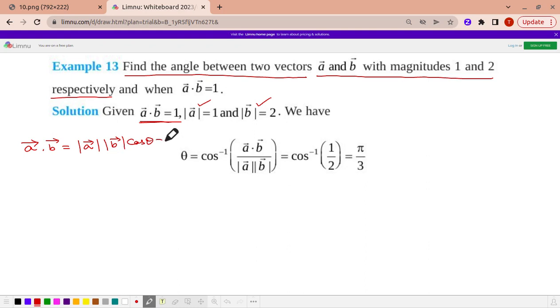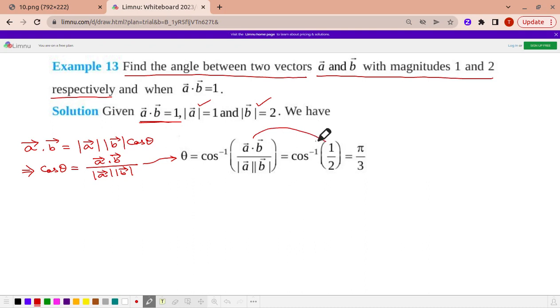So from here we can write cos theta is equal to A dot B divided by mod A into mod B. Now we get theta equal to cos inverse of A dot B divided by mod A into mod B.